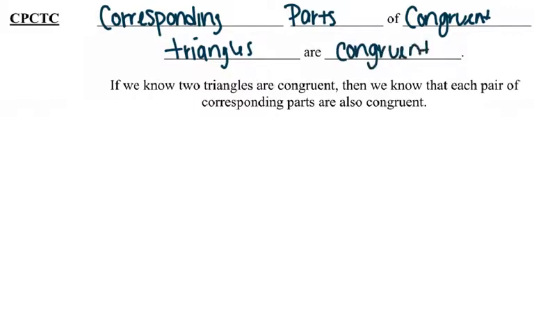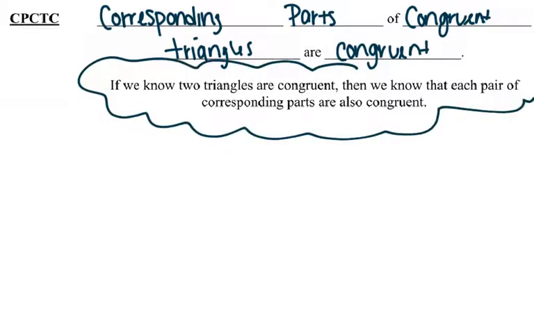And if you have no idea what I'm talking about, look at this little happy cloud right here. This means if we know two triangles are congruent, then we know that each pair of corresponding parts are also congruent. So three sides to three sides, three angles to three angles. And I'll show you what I'm talking about.